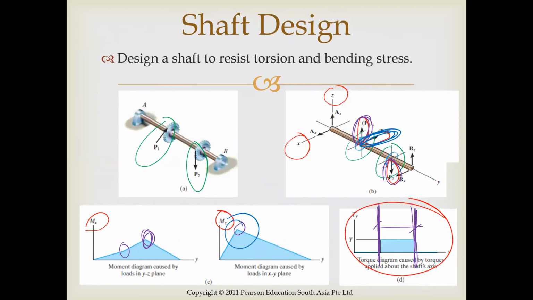So as the engineer, you've got to figure out, where do I expect the worst behavior? Or maybe you just check them all. For instance, it might be cross-section 1, it might be cross-section 2, or there might be some region in this area where the combination of the two moments gives you the worst case scenario.